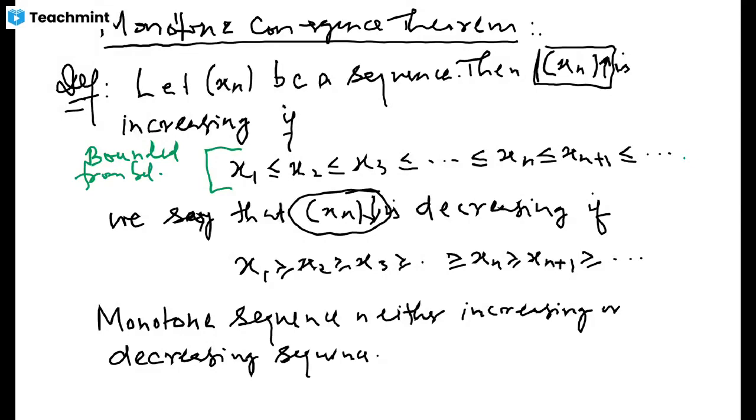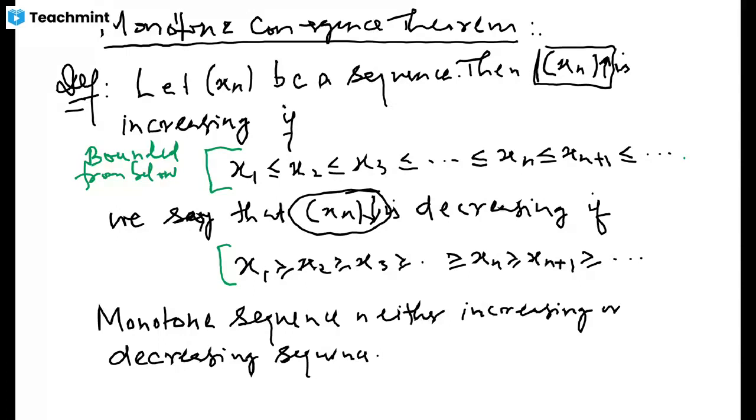Similarly, for a decreasing sequence, the first term of the sequence is the largest among all the terms. So every other term of the sequence, in case of a decreasing sequence, is less than or equal to x1, and hence x1 becomes an upper bound.